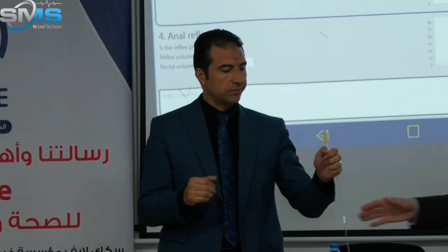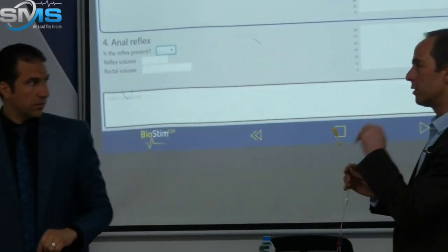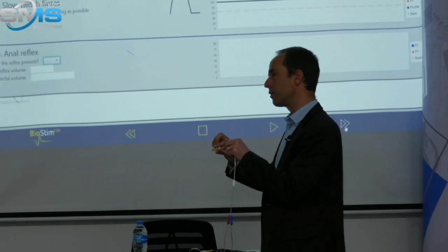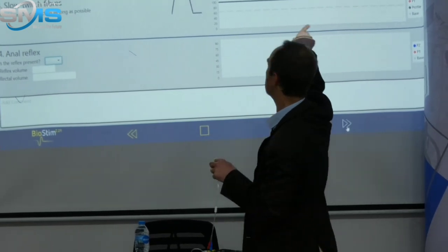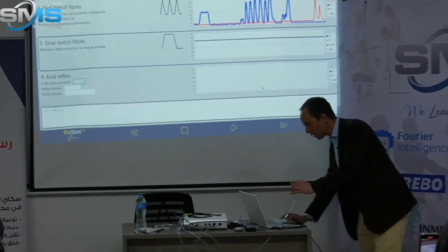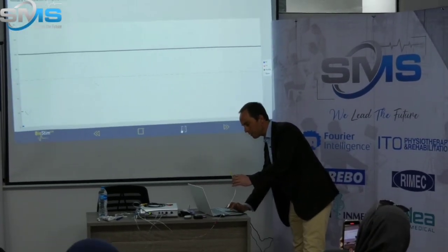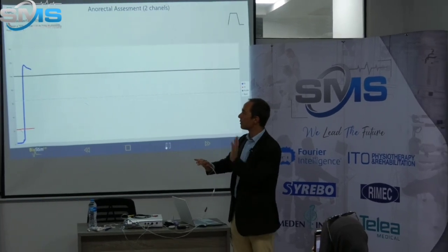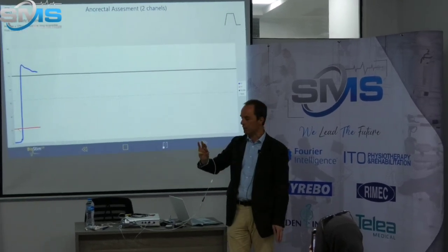Right? Yes, but in fact when doing the rehabilitation, the first thing we test is the sphincter, and after we test what's going on inside. So for this part the red line was not useful for the moment. The second exercise is the same as we did with the pelvic floor, which is to maintain contraction as long as possible.